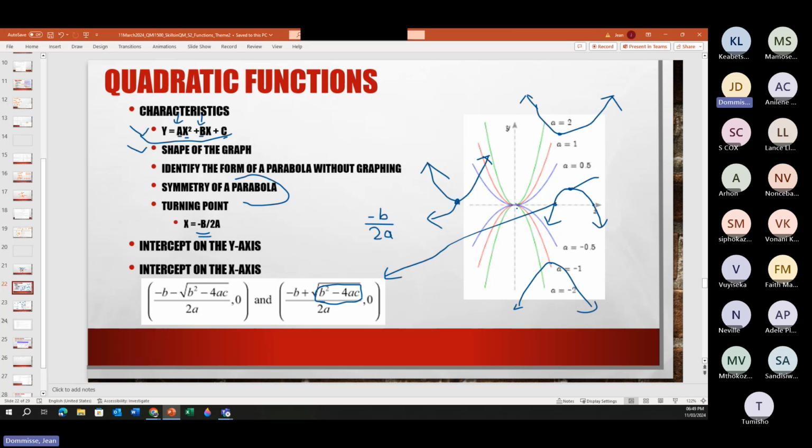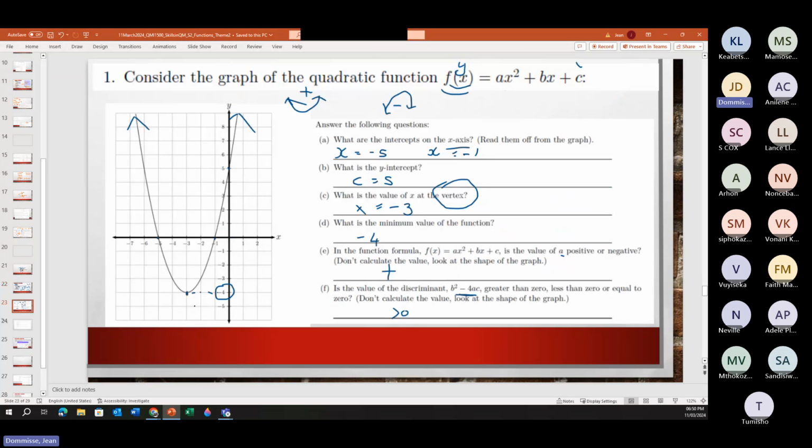So if it is 0, that will be the point that it goes through, or rather it will be at a similar point on the axis, because that is 0. If it is negative, it will be up in the air because you can't have a negative under the square root, so it will actually be non-valid. So the only way we can look at it with this graph is to say that it is going to be a positive number. Okay, so it's going to be bigger than 0.